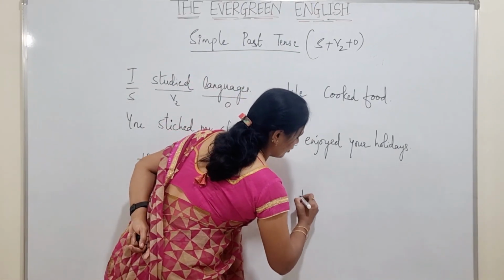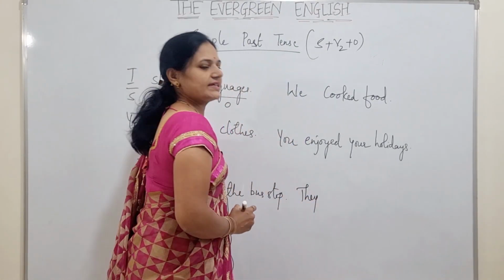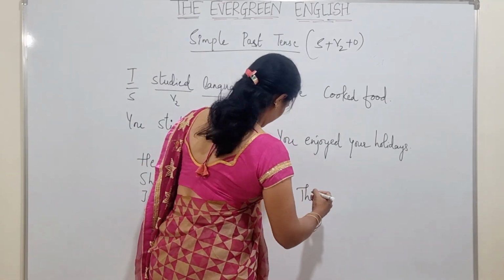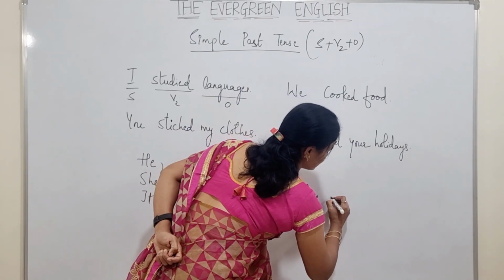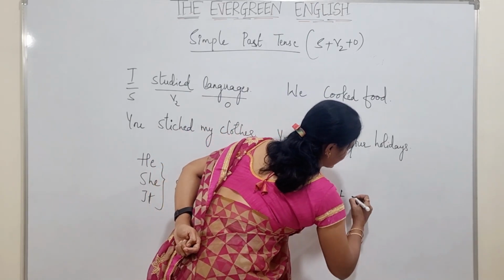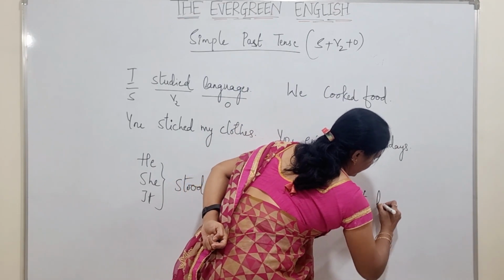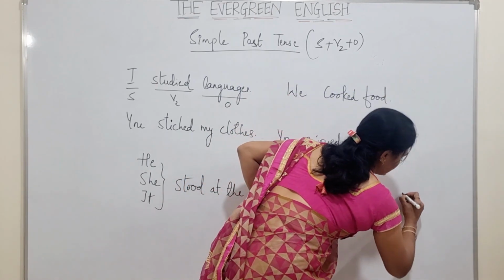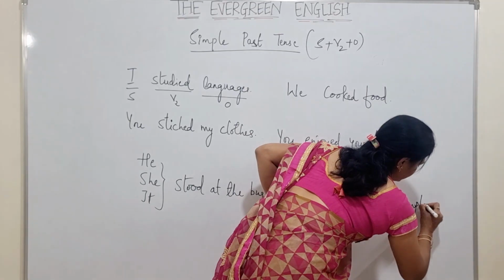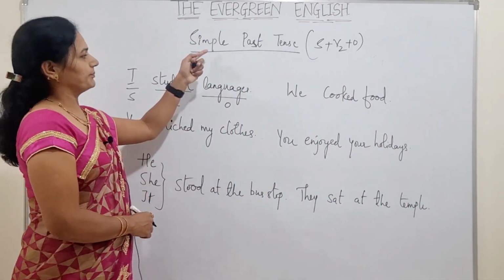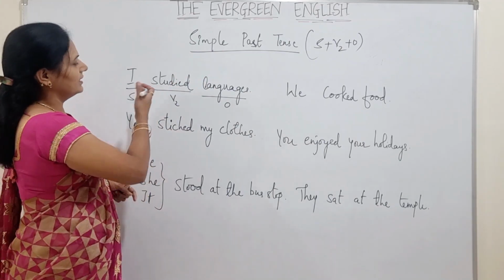And they, plural form. Come on, give an example. They sit. They sat. They sat at the temple. So simple past tense examples. Here they are.